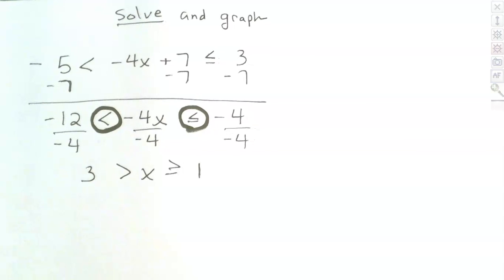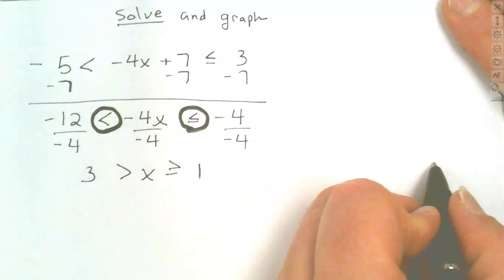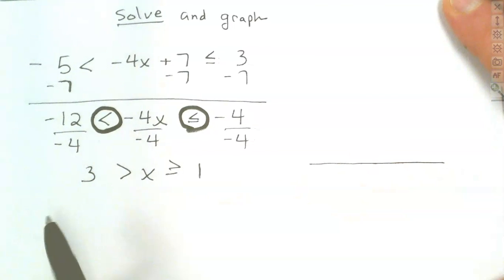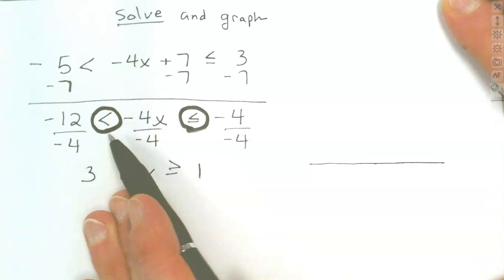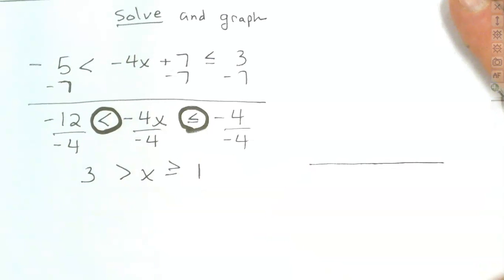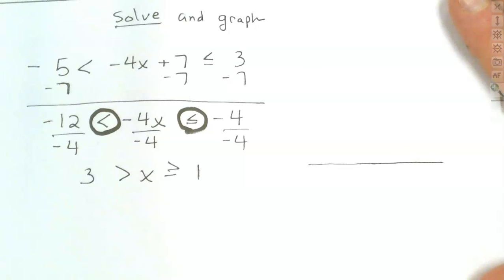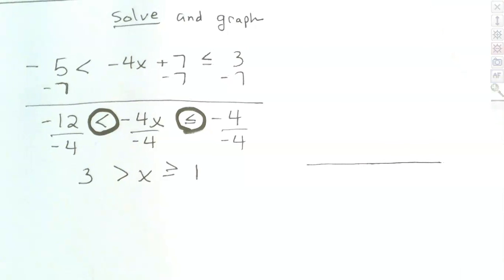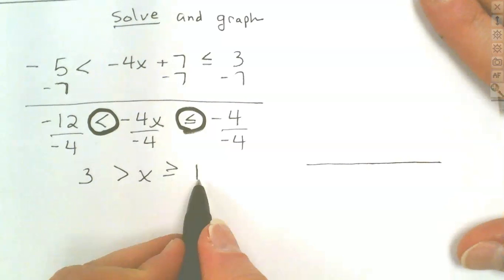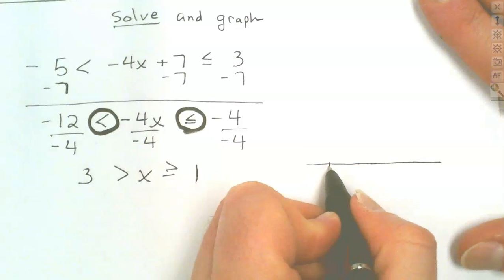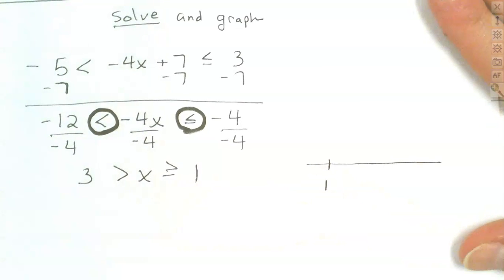I picked this one because a lot of times students make a mistake. Now, we switch the inequality symbols, right? What else do we need to do? When we put them on the number line, we also have to switch the order, right? Because they have to be in the correct order. So 1 is going to go on the left because it's the smaller number.